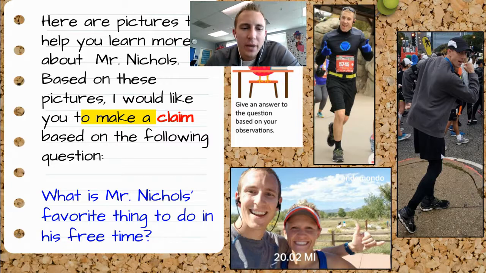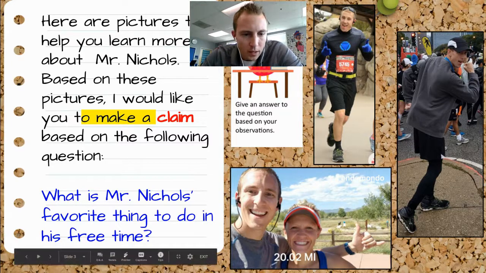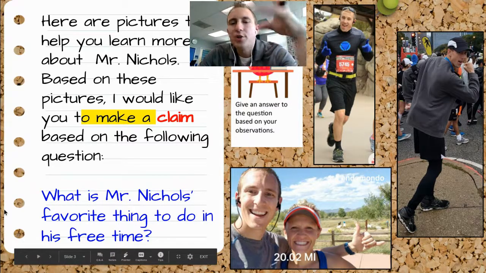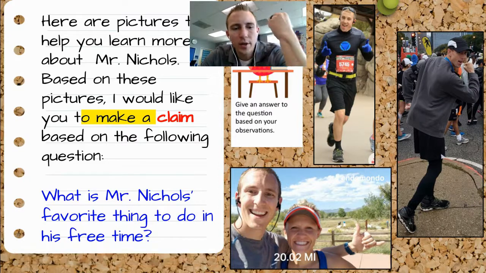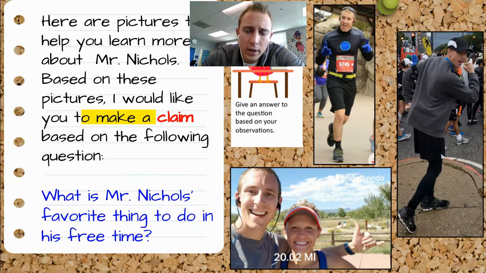If you look at these pictures, these are 3 pictures of me and my wife in this picture. The question that I came up with is what is Mr. Nichols' favorite thing to do in his free time? If you look at all of these, you could probably guess that I like to run in my free time.